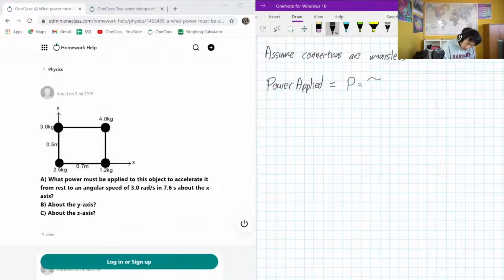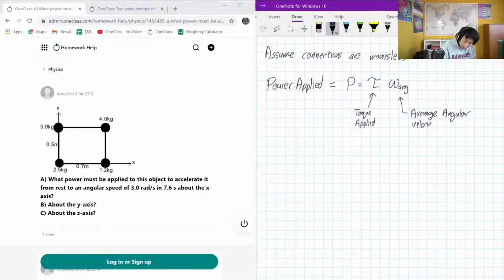So it's going to be P equals torque applied times the average angular velocity during acceleration.